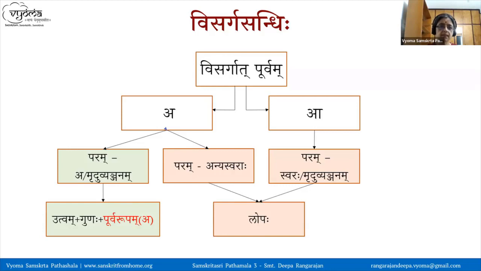The two options, Akara and Akara: if it is preceded by Akara and followed by Hrasva Akara or Mridu Vyanjana, Utva Guna and Pararupa happen optionally. And if it is preceded by Hrasva Akara and followed by any other Swara, Lopa happens. Preceded by Akara and any Swara or Mridu Vyanjana, Lopa happens again.